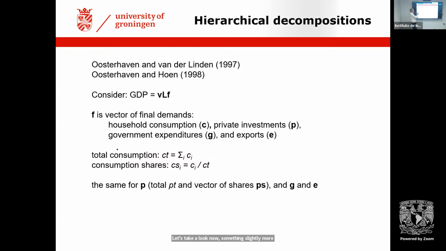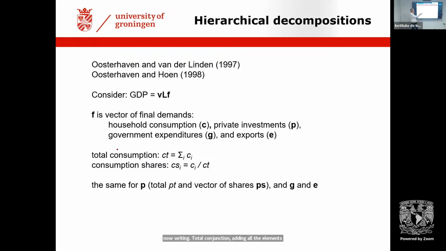So we have a final demand factor, and it consists of 4 terms: household consumption, private investments, government expenditures, and export. That's the national final demands. And suppose I'm now writing total consumption, adding all the elements in the consumption factor.